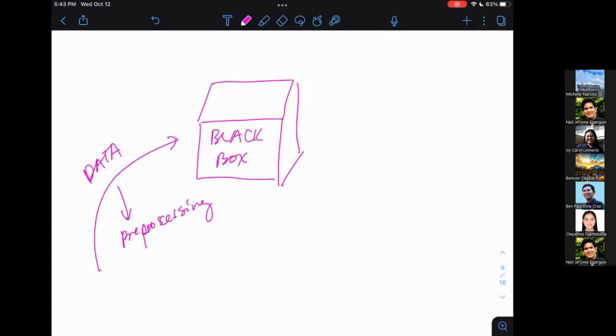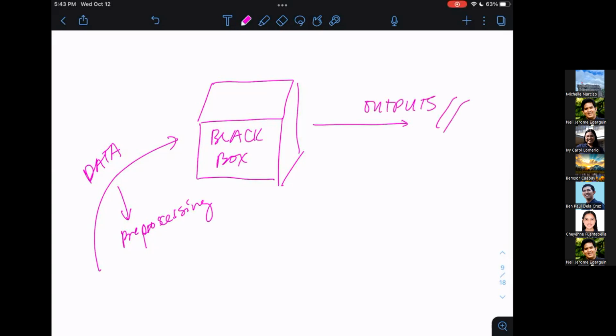Meron kang data, ipiprocess mo siya, tapos i-input natin siya sa isang black box. And these black boxes, ito na yung mga methods that were tested. At sila na yung mga gumana before. And what we expect is for this black box to give us some outputs. Okay?